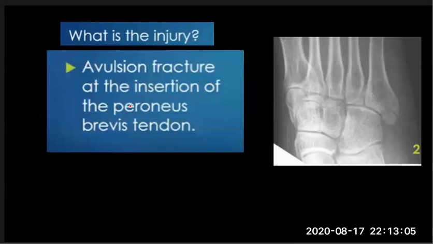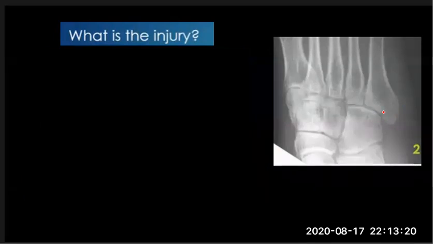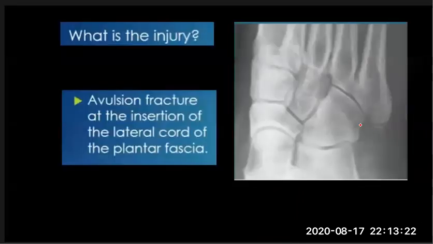So this is an avulsion fracture of the peroneus brevis tendon. The differentiation is that it is an intra-articular fracture and larger than the plantar fascia. It is called pseudo-Jones fracture. Very good.